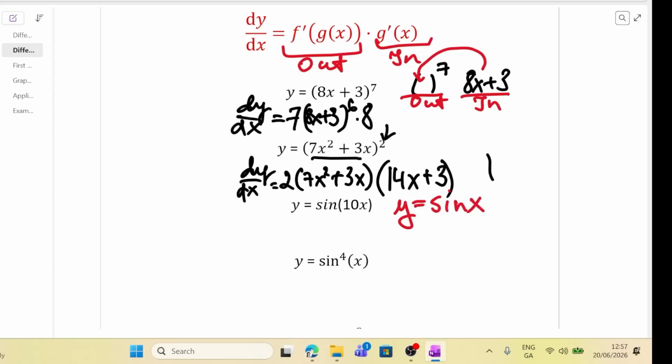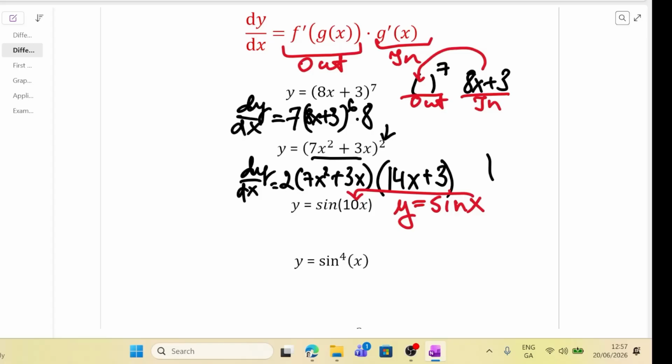So you can see that the basic trigonometric function was replaced with something new, and that new is your 10x. So what is new is your inside, and what is old is your outside.